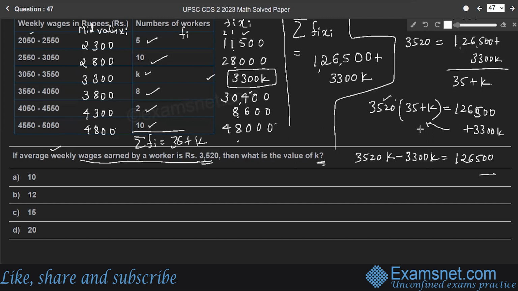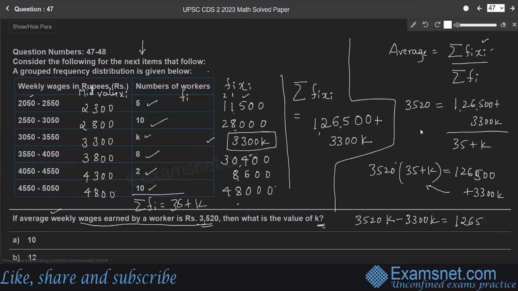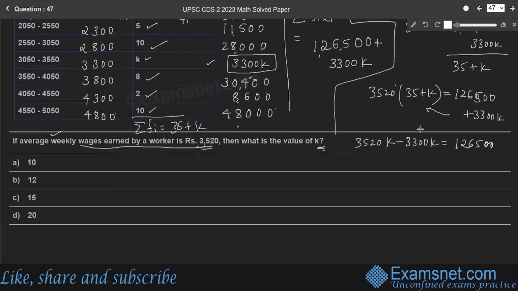So what is the value? 1,26,500 minus, 35 into 2, 70, then 35 into 5, 175 plus 7, 182. 35 into 3 is 105, 105, 115, 123. 1,23,200. Here the left hand side is 3,520 minus 3,300.